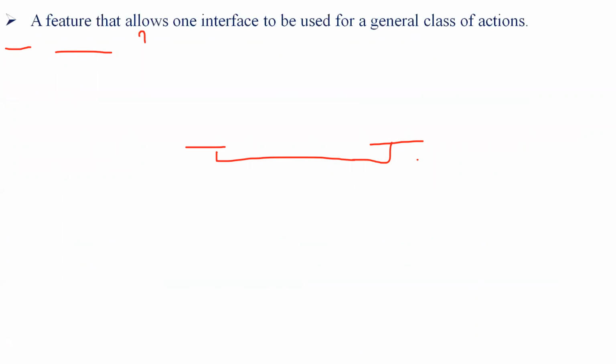they will create the function and it will behave differently based on different perspectives. So the next thing is the features that allow one interface to be used for a general class of actions. Whatever features we use on one interface will be used for a general class of actions. In order to perform different actions, we use the polymorphism process.